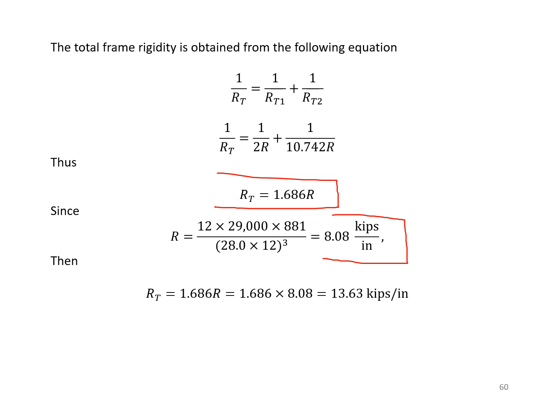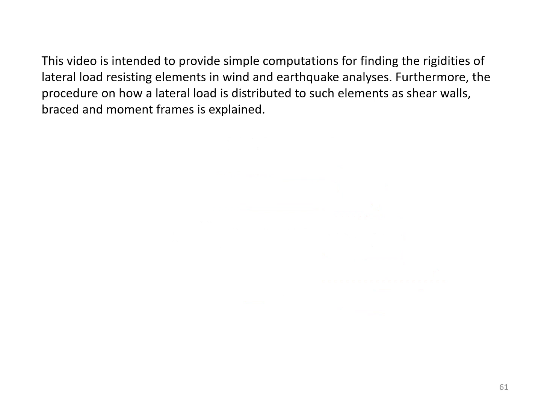Not for the frame. So that's for just one R. For the frame, as you remember, it is equal to this value. Therefore, I need to multiply R by 1.686. For the entire frame it is equal to 13.63. So for one column it is this much for the first level, and for the entire frame it is this much. Approximate calculation for rigidity of a frame system.